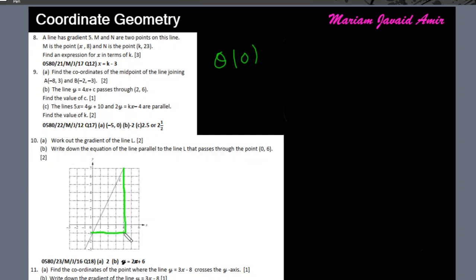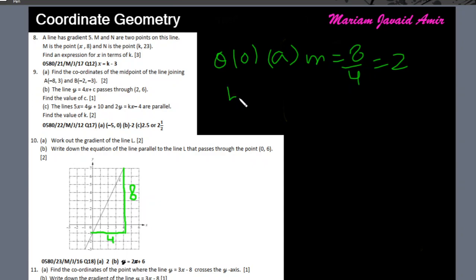So if I consider this triangle, my rise is 1 unit, 2, 3, 4, 5, 6, 7, 8 units is the rise. Run is 4 units. 1, 2, 3, 4. So slope will be simply 8 by 4, which is 2, and it's a rising line, so the sign will be positive. If it were a falling line, the sign would have been negative.